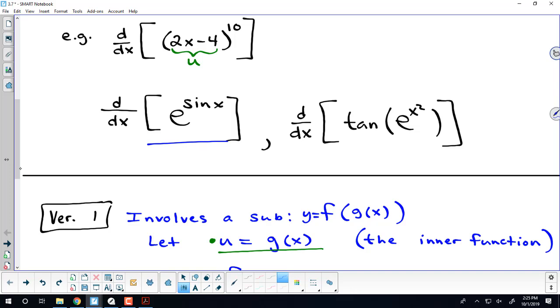What you compute second is your outside function. For e to the sine x, the inner function is sine x, because if I plug something in for x, I have to compute the sine of that first before I raise e to that power. Tangent of e to the x squared actually involves two chain rules, but if you take it piece by piece, I would first evaluate x squared and then raise e to that power. So I would say my inner function is e to the x squared, and then I apply tangent to whatever that value is.